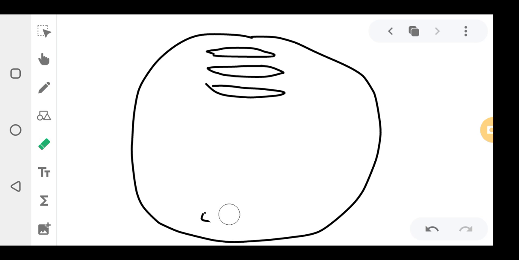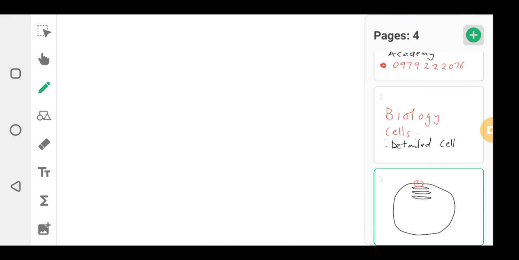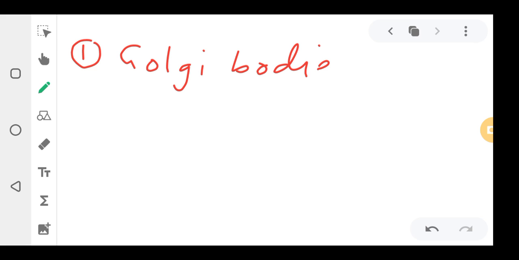I'll label them 1 so that you don't get confused and I demarcate the difference. These ones are called Golgi bodies. What is their function?